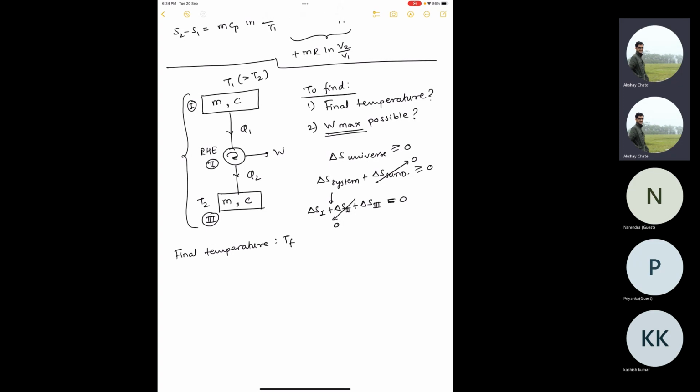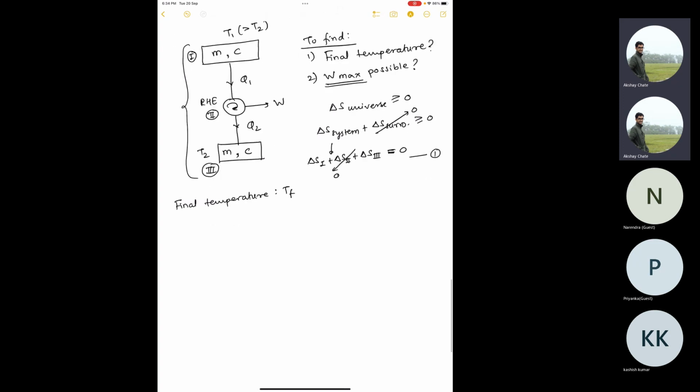You don't know the final temperature, and if you don't know that, you can't do much, right? So to find that, you use this equation 1. Basically, delta S1 will become MC ln(TF/T1), final temperature TF and initial temperature T1.